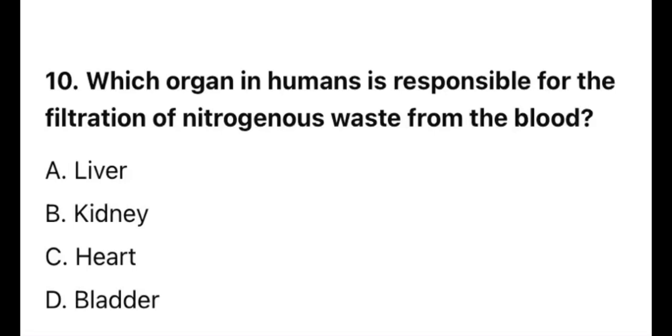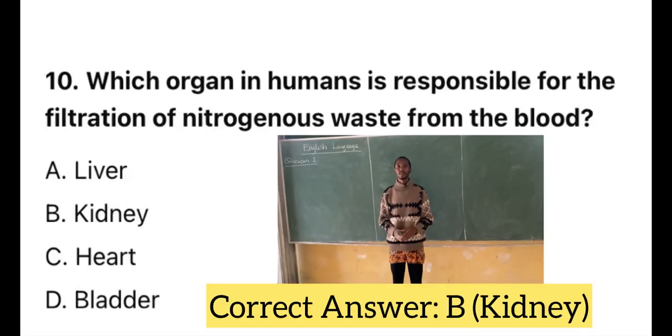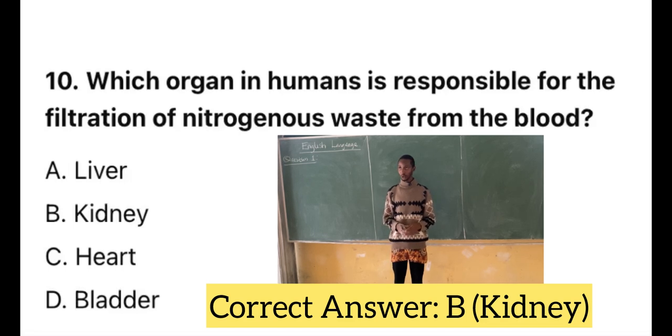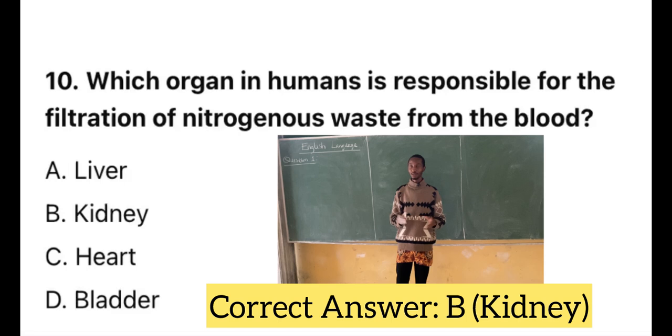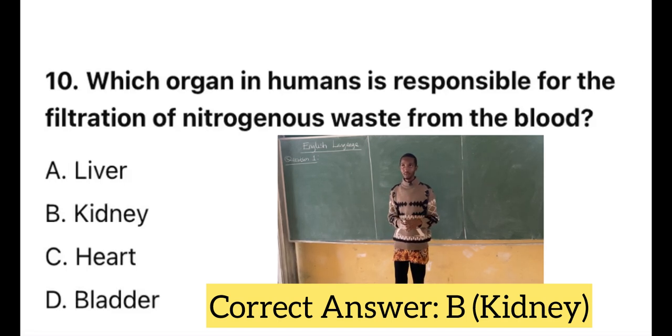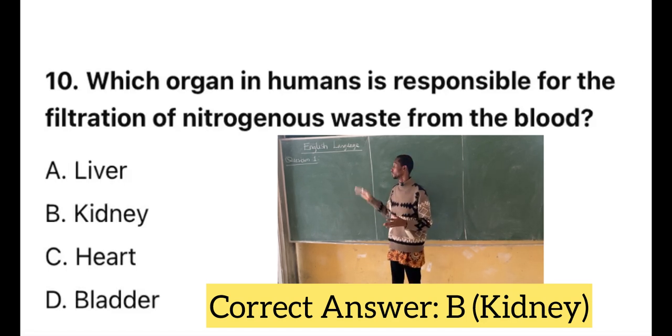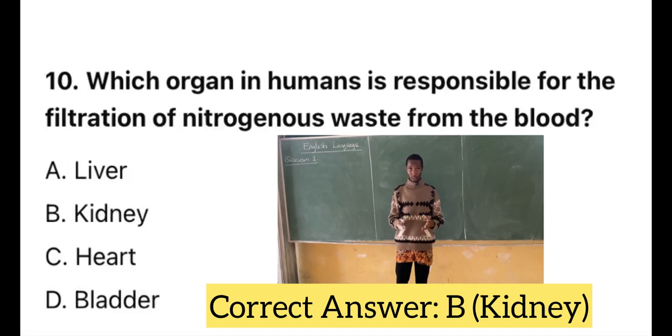And D, we have the bladder. The correct answer is option B, the kidney. The kidney filters urea and other nitrogenous waste from the blood, and passes it out of the body in the form of urine.